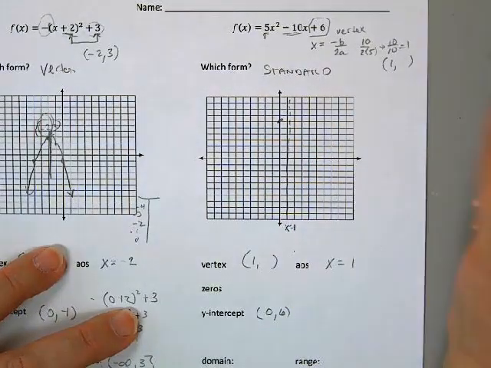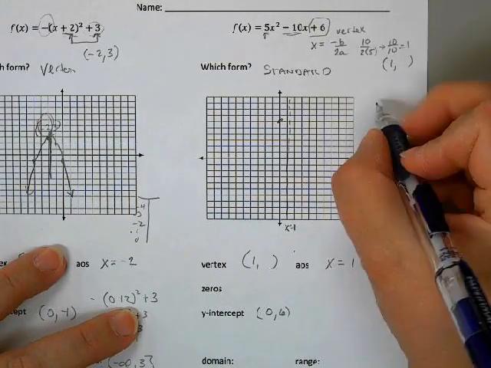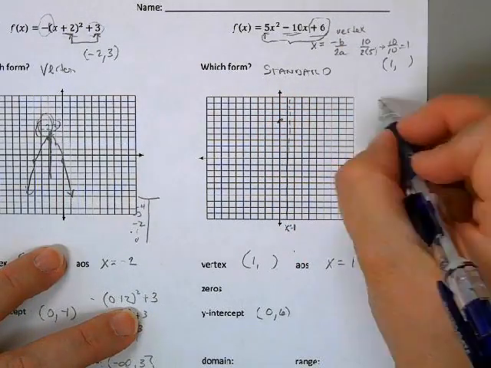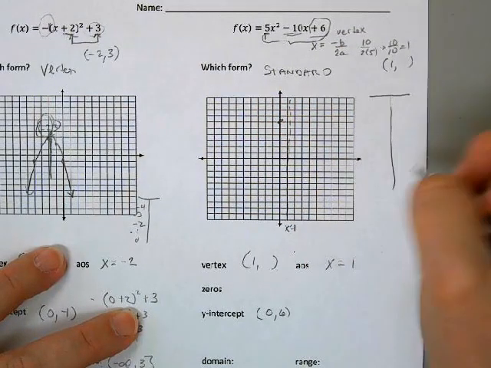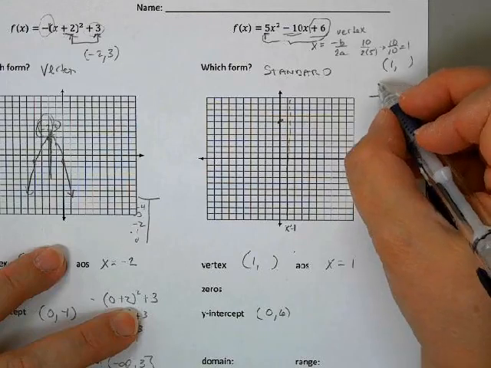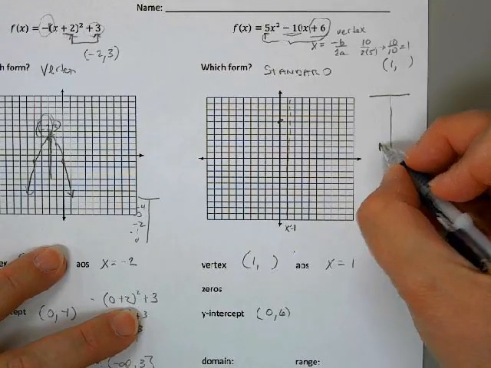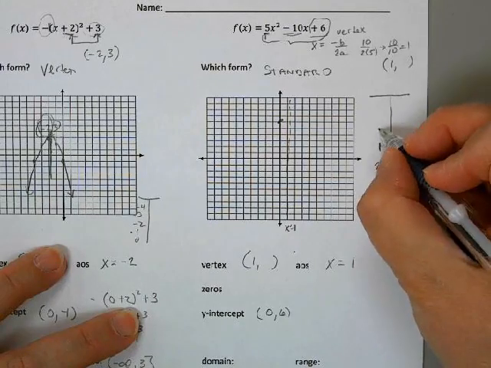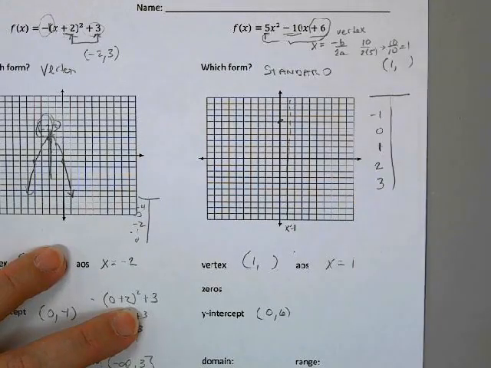To find the y value, you can do a bunch of different things here. Most of you will probably put it in your calculator and look at the table of values. So we know 1 is our vertex, so I'm going to look at numbers bigger than 1 and a couple of numbers smaller than 1.